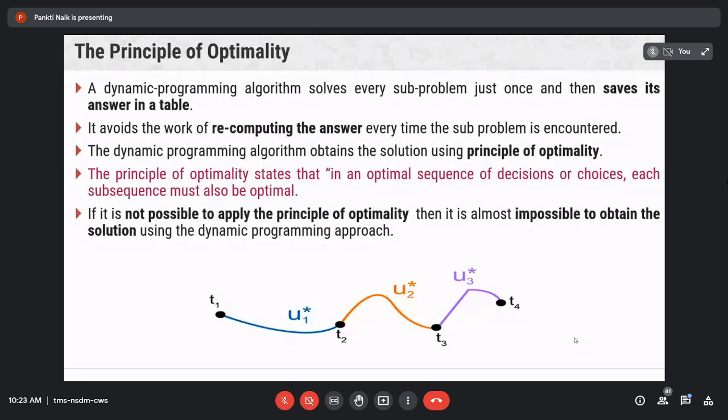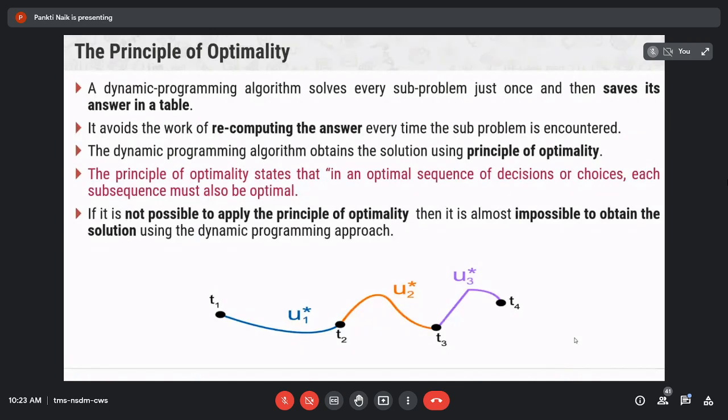Third step is, using the bottom-up technique, compute the value of the optimal solution. For that you have to develop a recurrence relation that relates a solution to its sub-solution, using the mathematical notation, right? And the fourth step is to compute an optimal solution from the computed information, right?